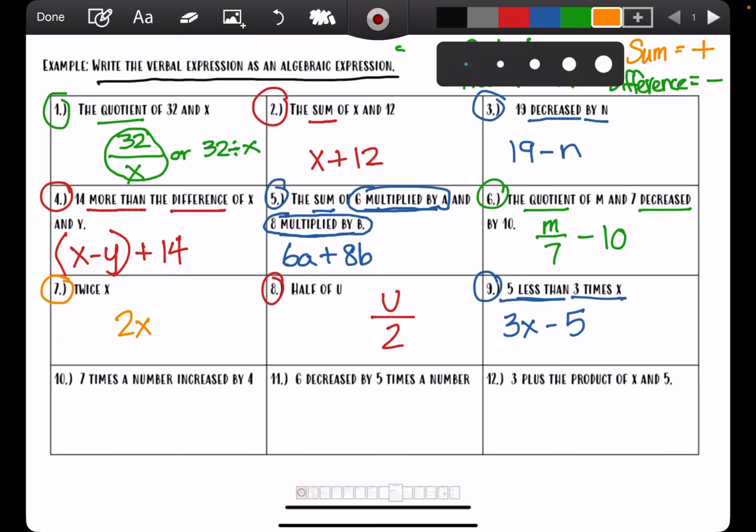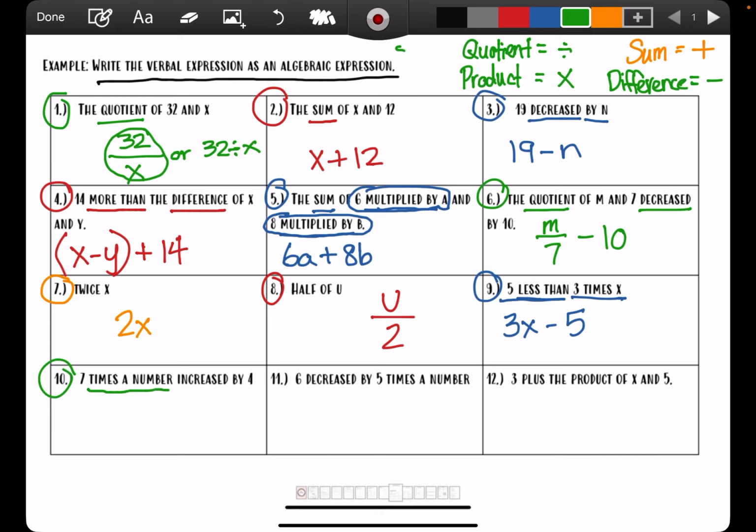We're almost done. Number ten, we'll use green: 7 times a number. We don't know what that number is, so we'll use x for the variable. So 7 times a number is 7x, increased by 4, so plus 4.